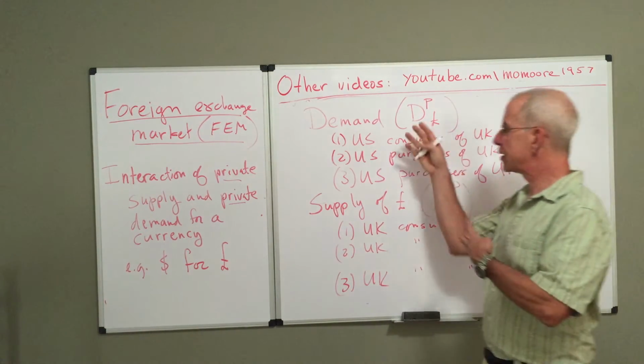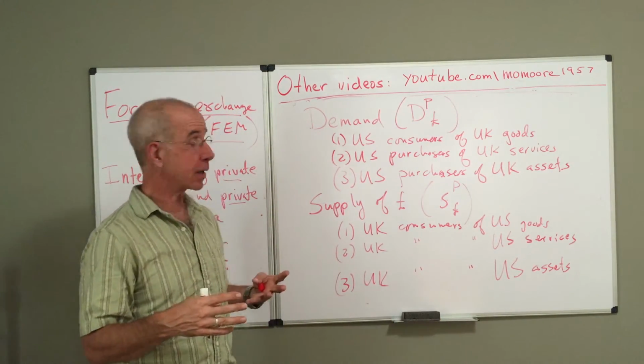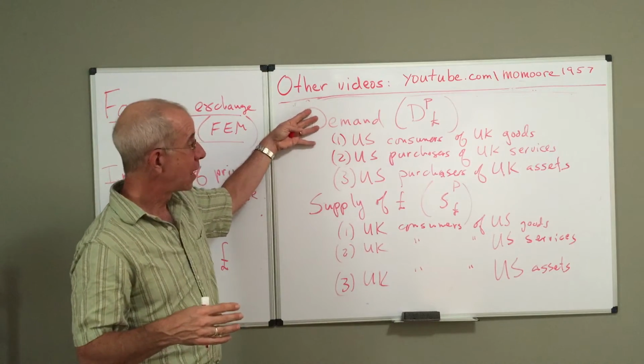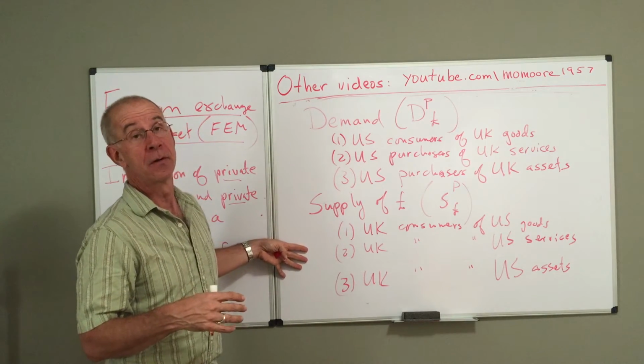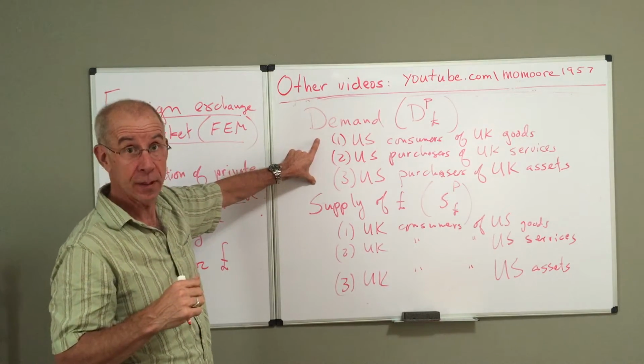So the demand and supply of pounds in the foreign exchange market is a derived supply and demand from underlying behavior of people wanting to do other things.